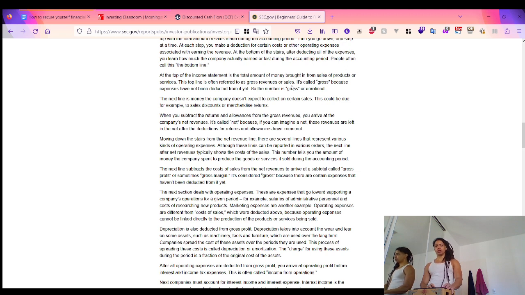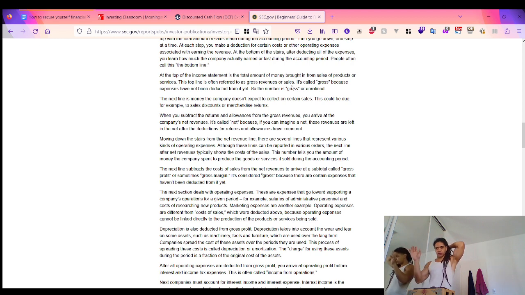So the top of the income statement shows you the total amount of money from selling a product or service. It is also called gross revenue or sales.